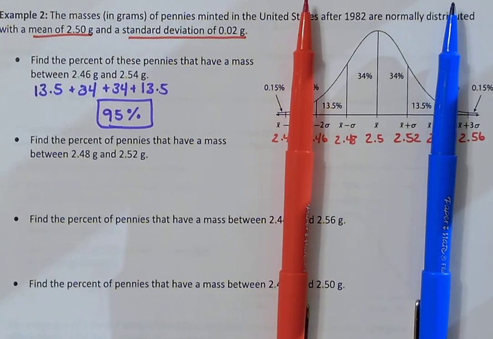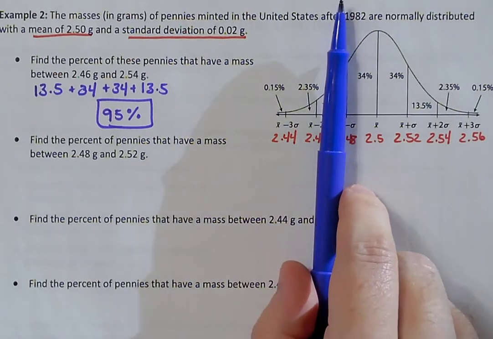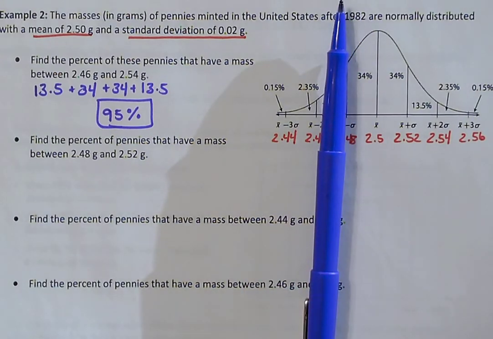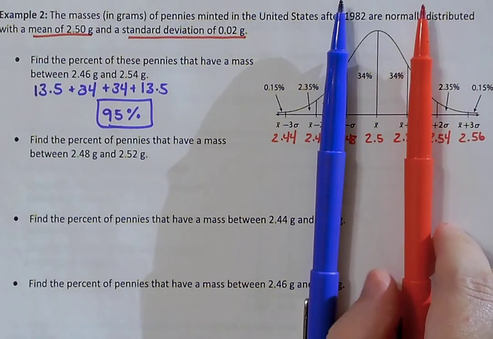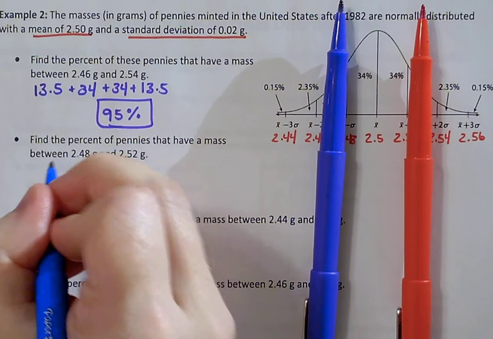All right, so that is how we go through and do that part right there. Next, we are going to take a look at the percent of pennies that have a mass between 2.48 and 2.52. So 2.48 is going to be right there, and then 2.52 is going to be right there. So we end up between these two pens right here, and we have 34 and 34 for both of these.